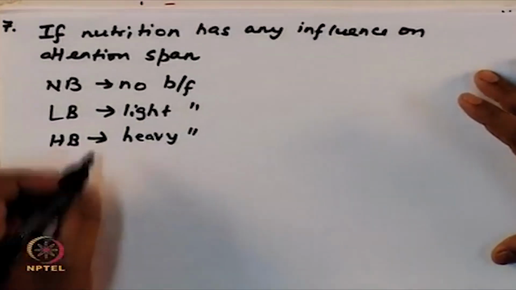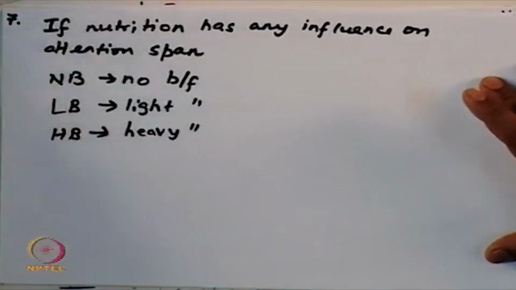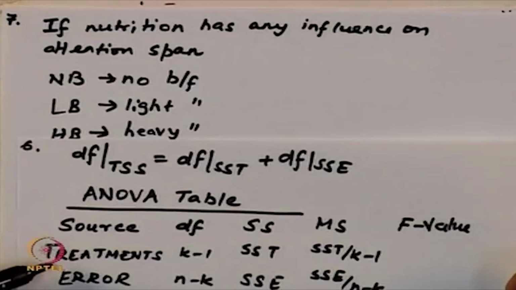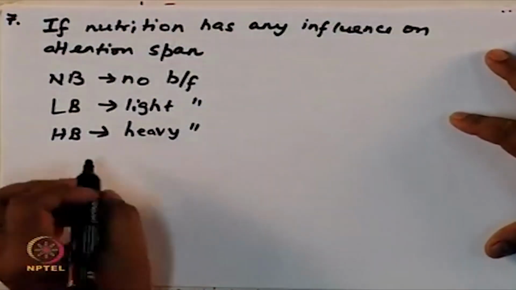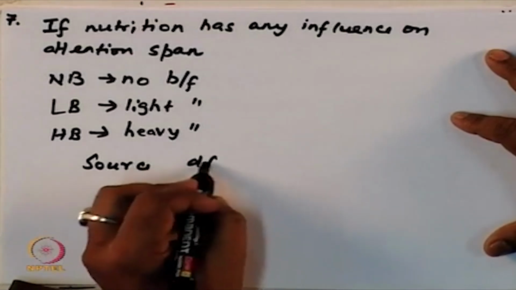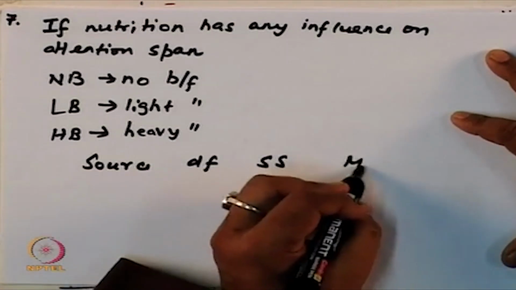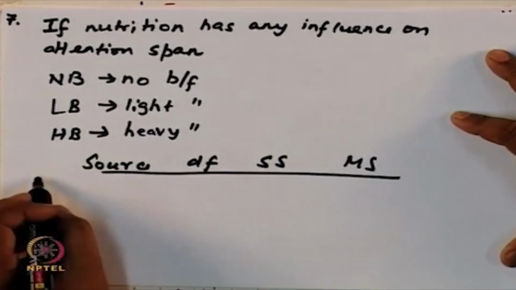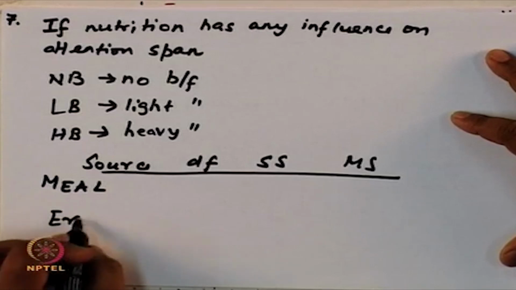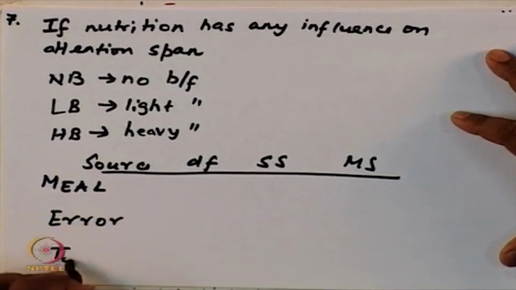So, you can accordingly calculate. In this problem our treatment is nothing but having the meal. I will just jot down the final values that we had obtained. Meal is your treatment, error and total.